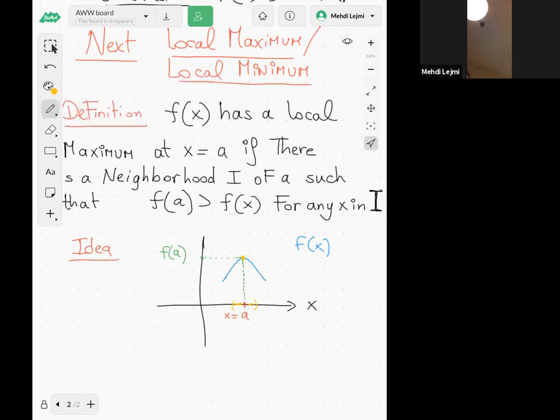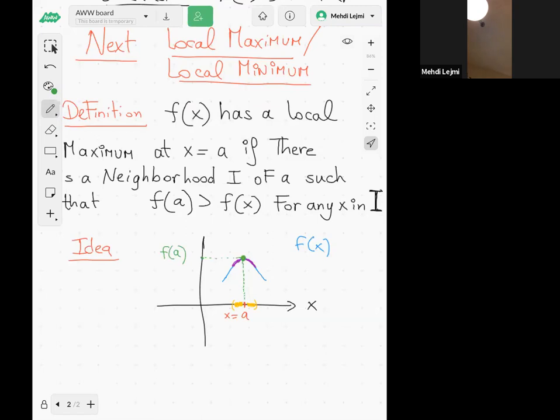And as you can see, if you take a neighborhood of a, then f of a would be the highest point in this small neighborhood of a.